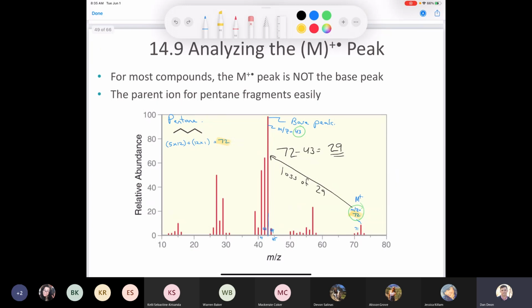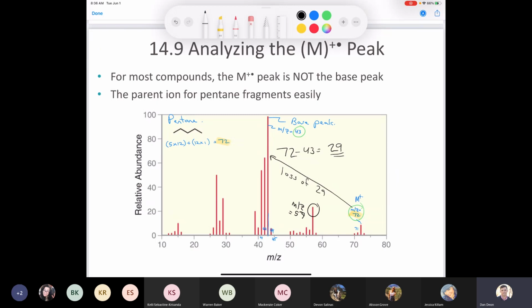We said that pentane is going to lose 15. So if you take 72 and you subtract 15, what do you get? You get 57. Well, lo and behold, as Kelly pointed out earlier on, there is a peak at 57. Look at that, mass over charge of 57 right here.